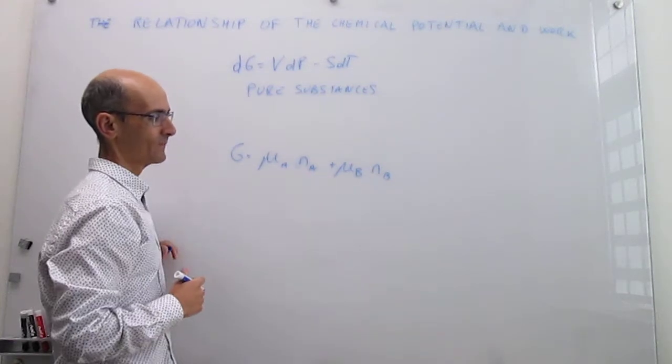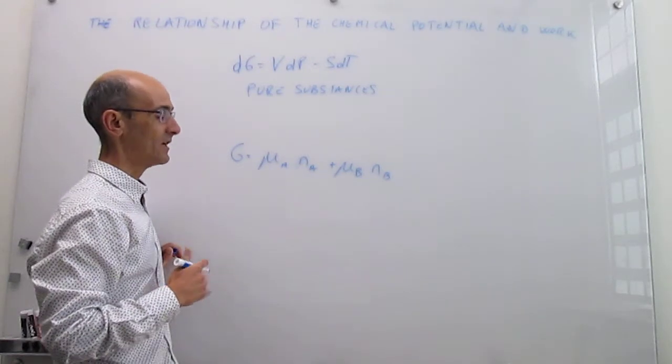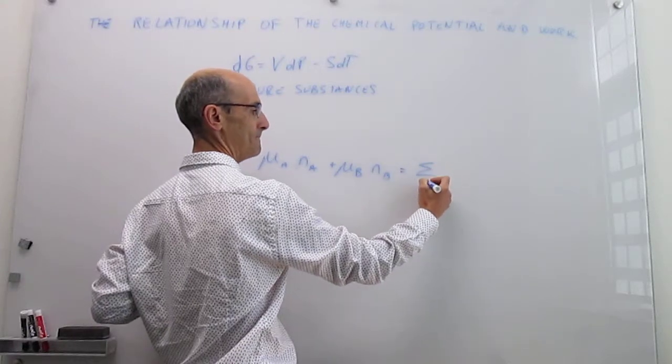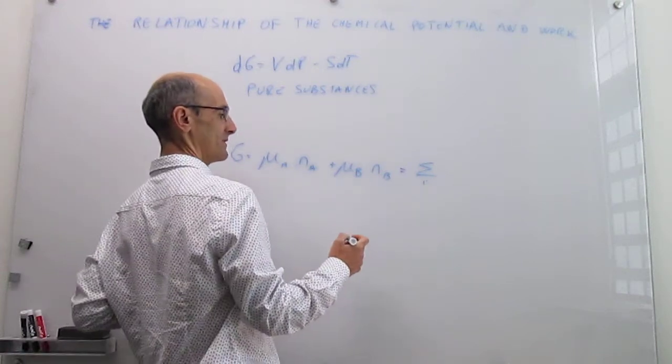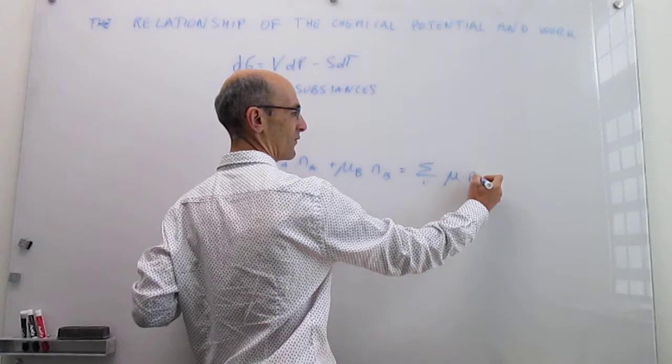Obviously, this can be extrapolated to multi-component mixtures. Notice that we can group all these terms into a sum of the chemical potential of all of the components multiplied by the number of moles.